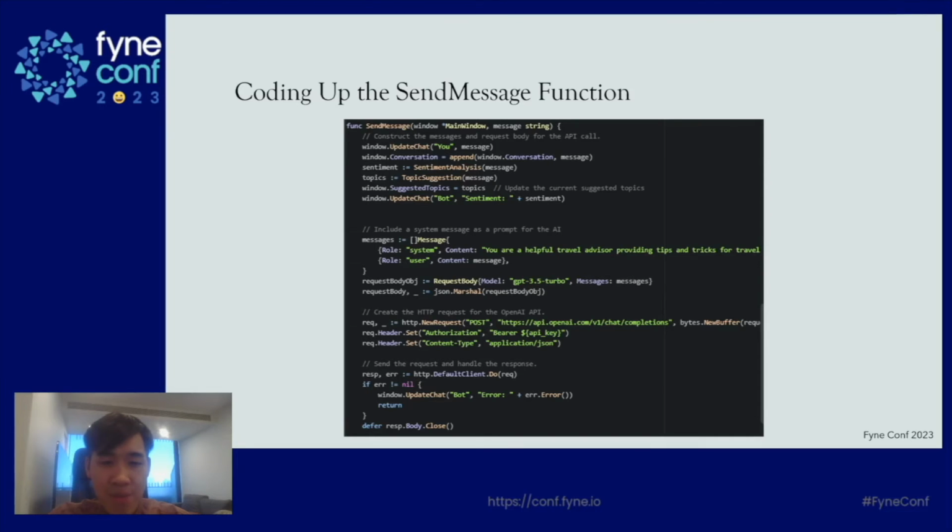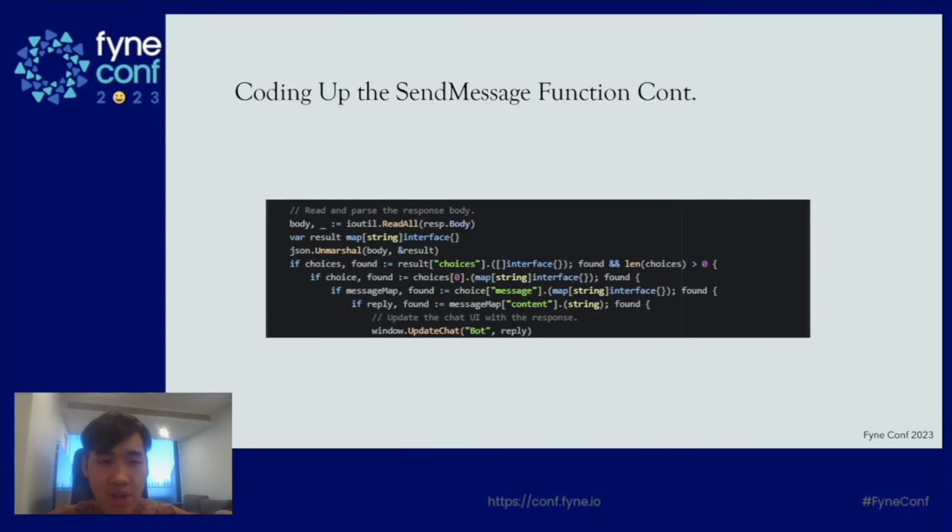We're using a post request towards the endpoint, we set an authorization header, we set a content type header, and we send the request over and handle the response, with the window updating based on the response that is returned, so that we are able to see the response directly on the screen.